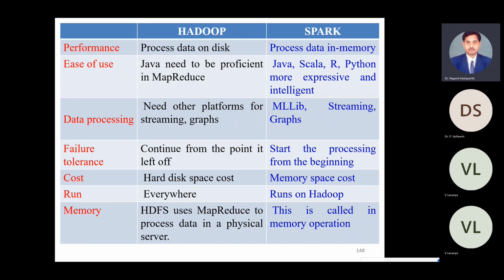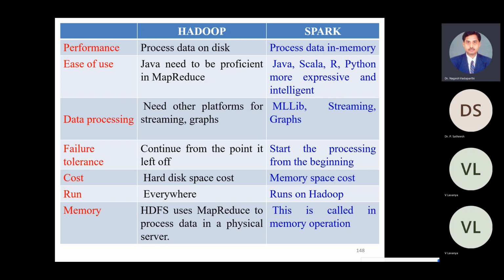In Spark, performance is process data in memory because write once and read many times. That is in random access memory. Spark is also a framework that integrates with any number of tools like MLlib, Pig, Python, Zookeeper, Oozie, Cassandra, any tools we can integrate very easily.